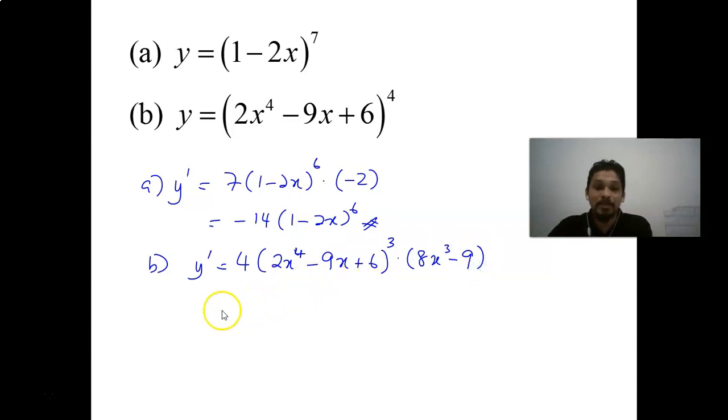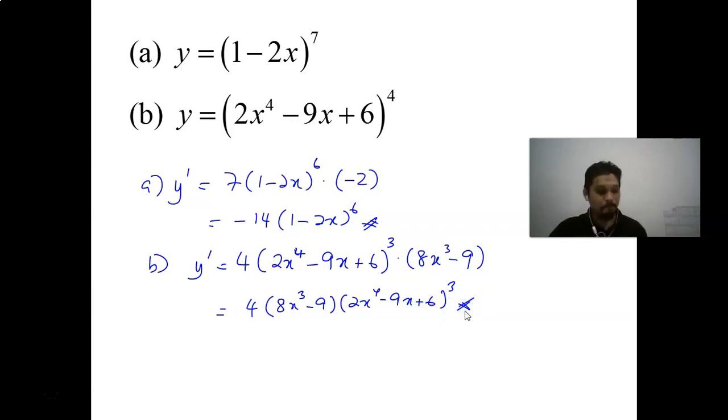So you may simply leave it like this or simplify as 4 multiplied with (8x cubed - 9) and (2x to the power of 4 - 9x + 6) cubed. That's it.